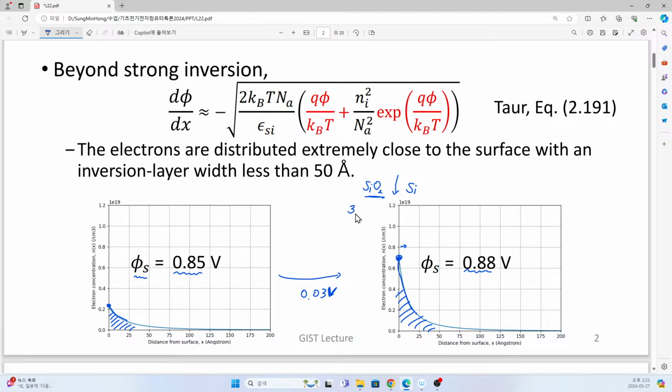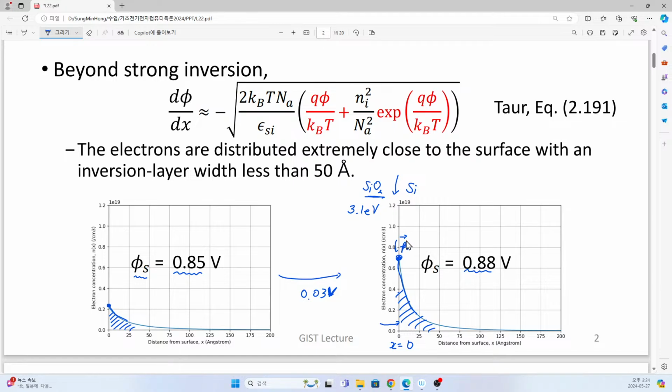The barrier height is just 3.1 electron volt. So this x equal to 0 point corresponds to the boundary attached to the high barrier. It has a lower probability to have electrons, so we cannot actually have many electrons at this point. It is slightly moved from this one.